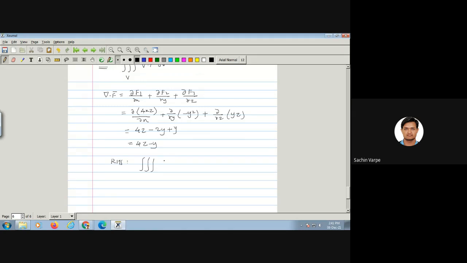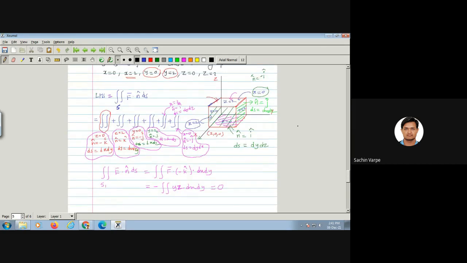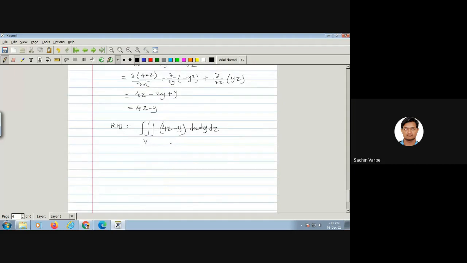The triple integration of 4z minus y dv, where dv is dx dy dz, the volume element, over the volume v. So what do you have to do now? From the cube you have to find the limits of x, y, z and put them here. So over the cube, tell me what are the limits of x, y, z? x varies from 0 to 2, y varies from 0 to 2, and z varies from 0 to 2. 4z minus y dx dy dz.